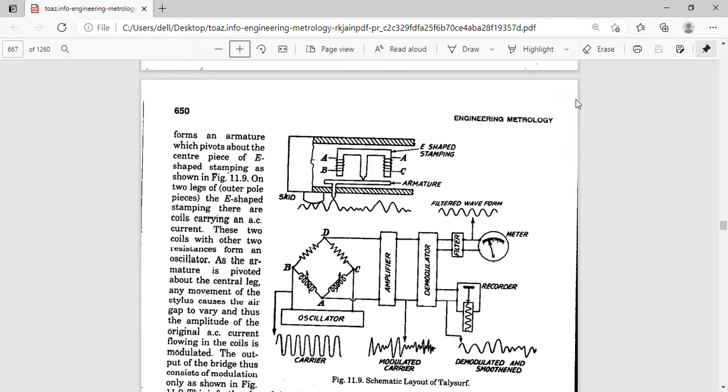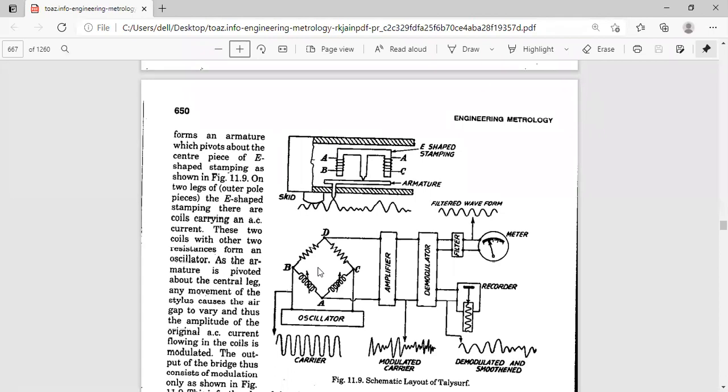Any movement of the stylus will cause an air gap, and this will vary the amplitude of the alternate current in the two coils. So that we'll try to discuss. You just try to see the figure now. This is an oscillator which is supplying the carrier wave to the Wheatstone bridge circuit.